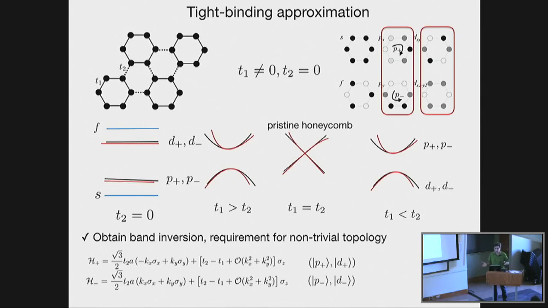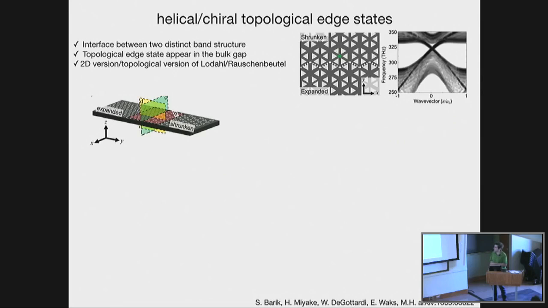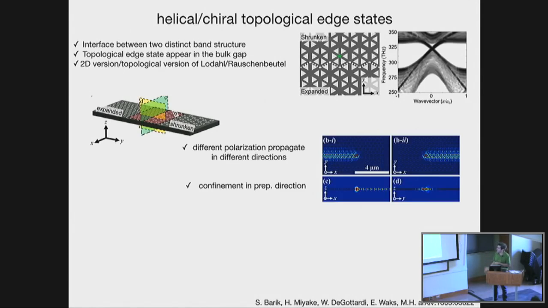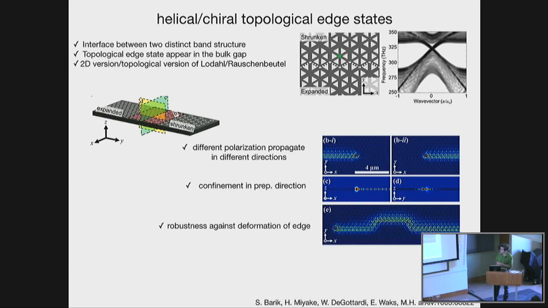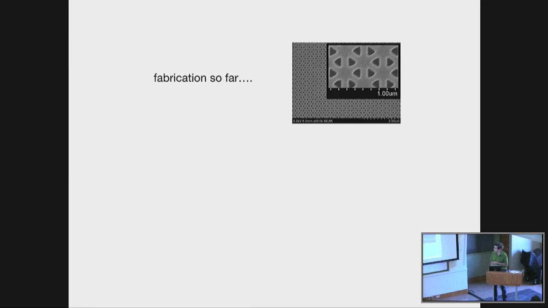We are not breaking time-reversal symmetry again, but for two polarizations, we get this non-trivial band inversion. So non-trivial band inversion means that if we keep the polarization and then interface two different topological systems, meaning that I invert the band one way and I invert the band the other way, we should get a protected edge. Okay, and that's what we have simulated so far, and we hope that we could see it also in the experiment.